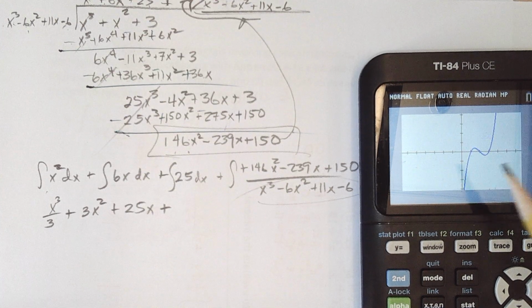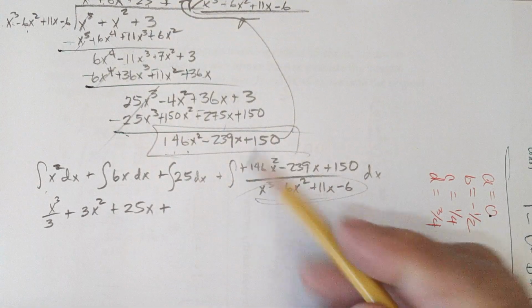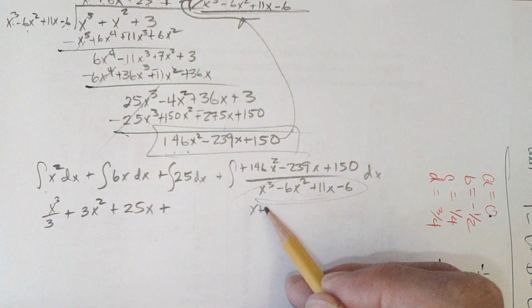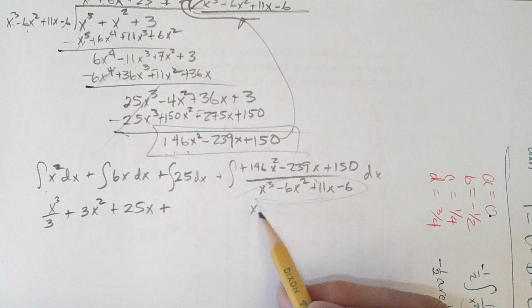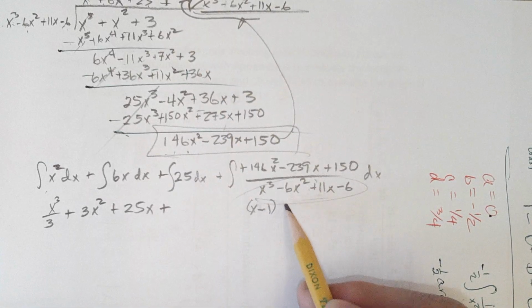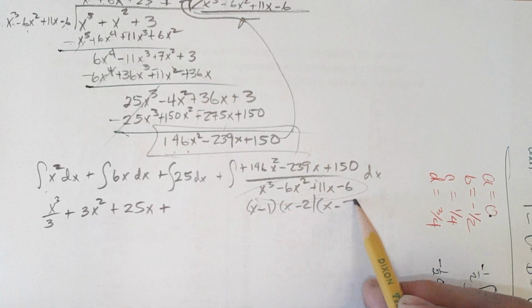I see 3 solutions, which is nice for a cubic. Looks like it factors to x plus 1, x plus 2, and x plus 3. No, x minus 1, excuse me, because 1 has to make it 0. X minus 1, x minus 2, and x minus 3.